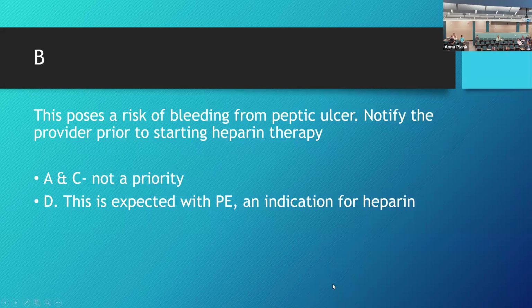How many people take B? Why would that be concerning? If you're taking antacids over and over, probably what's happening to your gastric system? Probably some lesions in there, probably some irritation. So if we go ahead and give you a blood thinner, you could cause gastric bleeding. Okay?